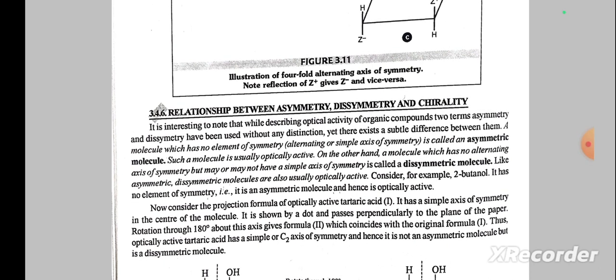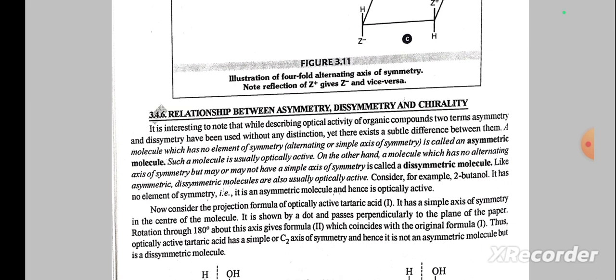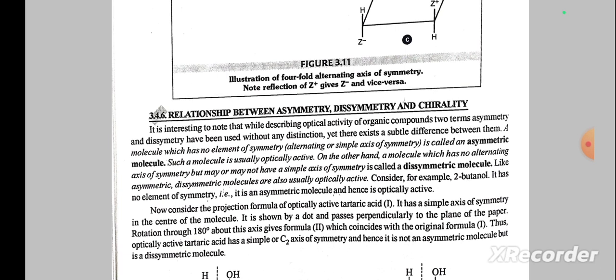It is interesting to note that while describing the optical activity of organic compounds, the two terms asymmetric and dissymmetric have been used without any distinction, though there exists a subtle difference between them. A molecule which has no element of symmetry, alternating or simple, is called an asymmetric molecule.